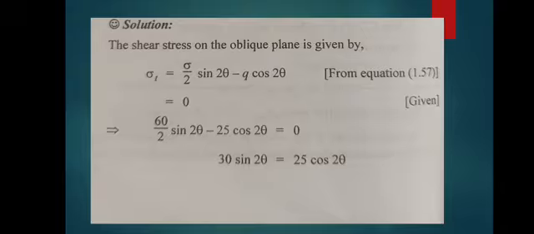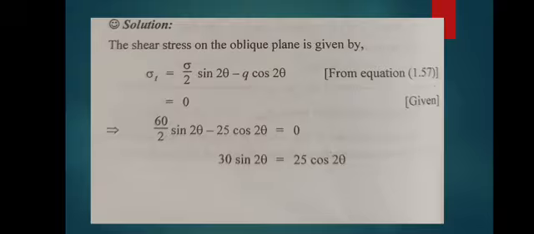Therefore, you have to take the formula for sigma t. Sigma t is equal to sigma divided by 2 sin 2 theta minus q cos 2 theta. The value for sigma t is given as 0. Therefore, substitute sigma t equal to 0 and substitute the values for sigma and q. Sigma value is given as 60. Therefore, 60 divided by 2 sin 2 theta minus 25 cos 2 theta is equal to 0.